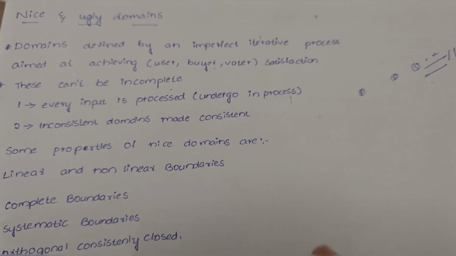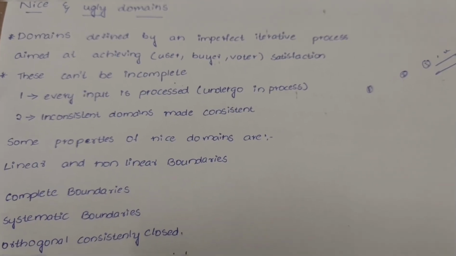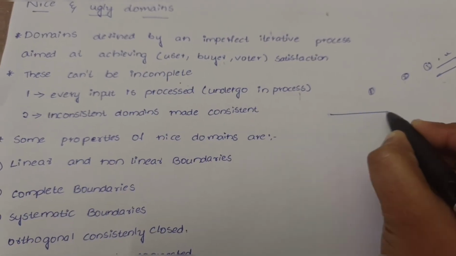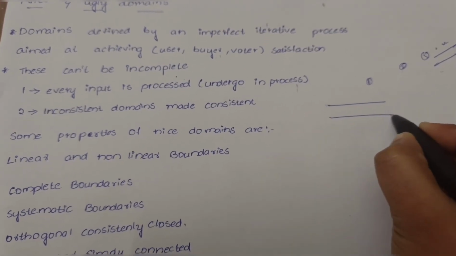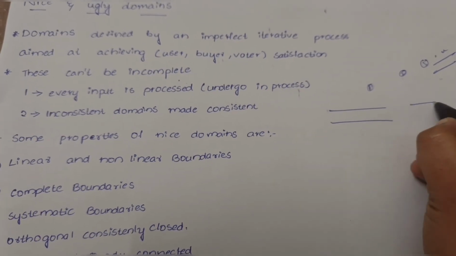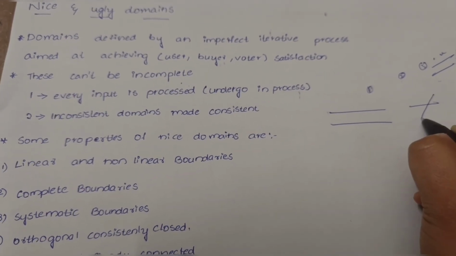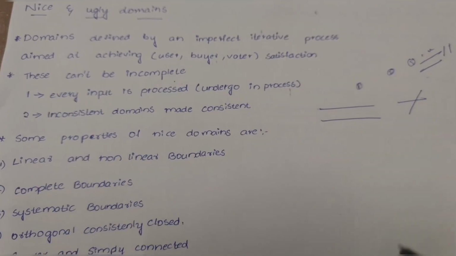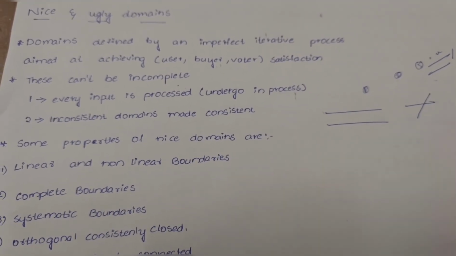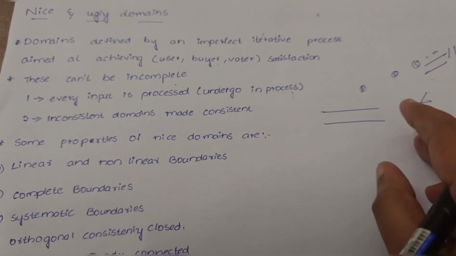Inconsistent domains can be made into consistent, which means these two linear lines can be considered as consistent lines. Whether these are the lines, these cannot be any consistent lines. In these cases, these lines can be made into a consistent model.